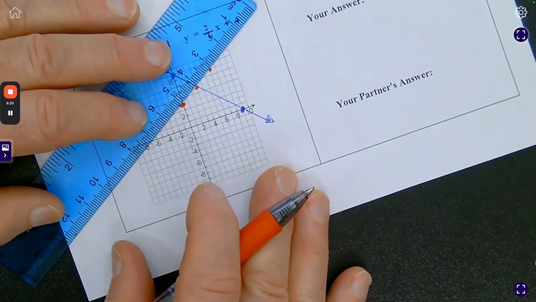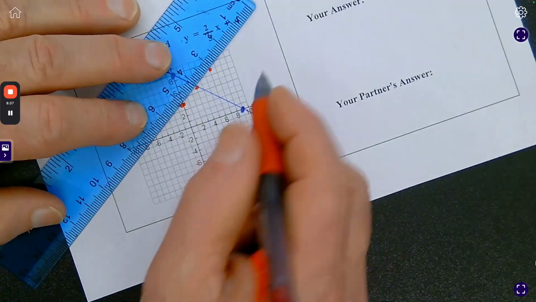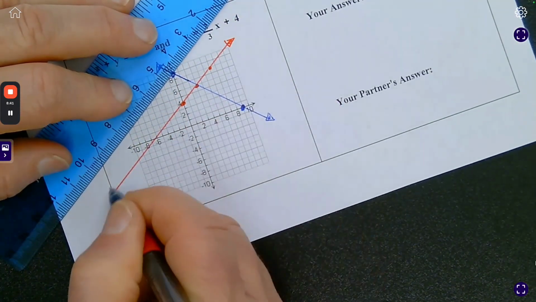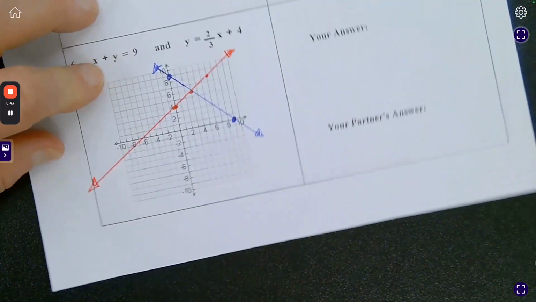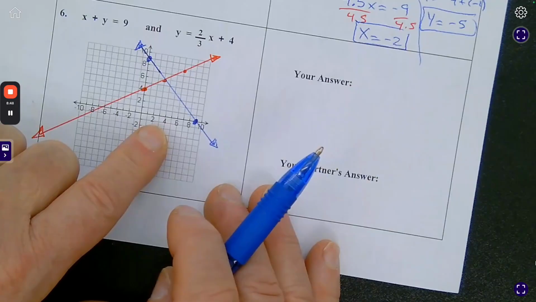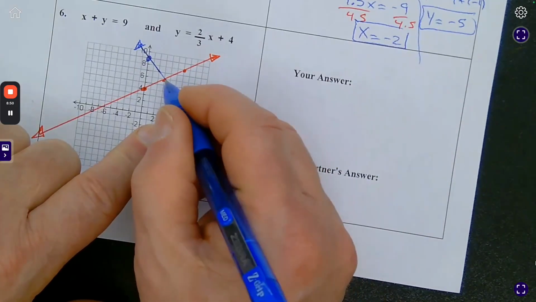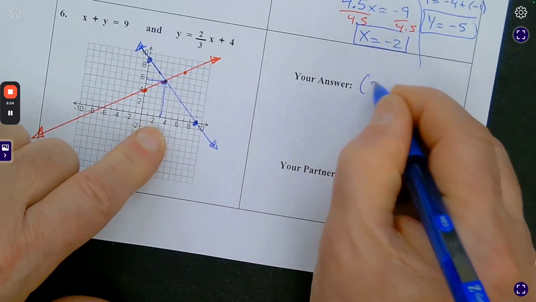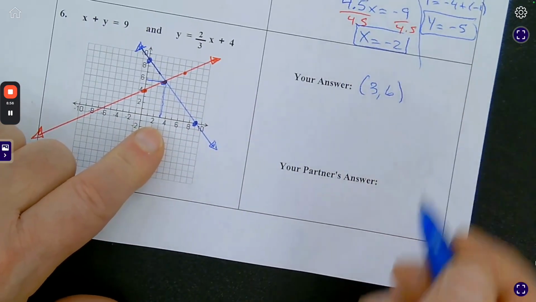Okay. Graph that line. Whoosh, all the way through. Arrows on the ends. And that is an ordered pair 3, 6. 3, 6. And that's what my partner got too.